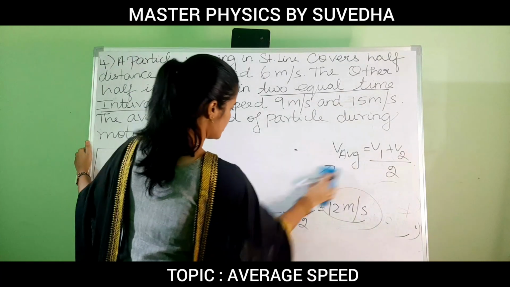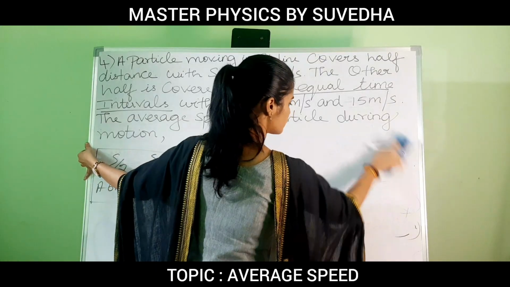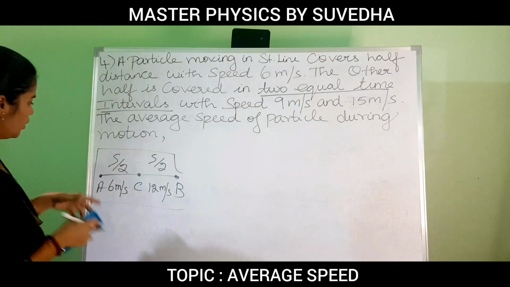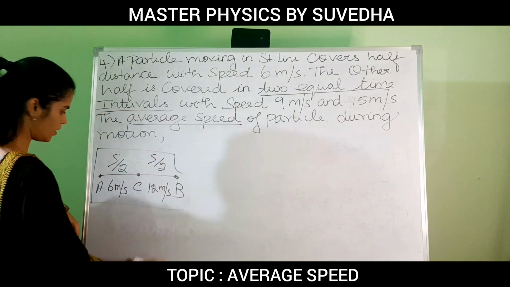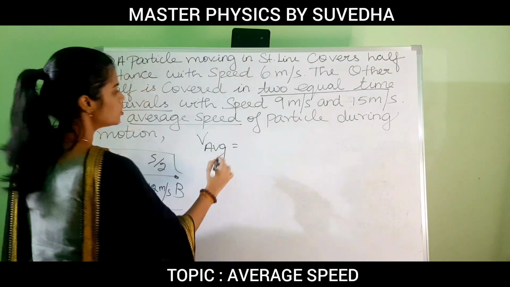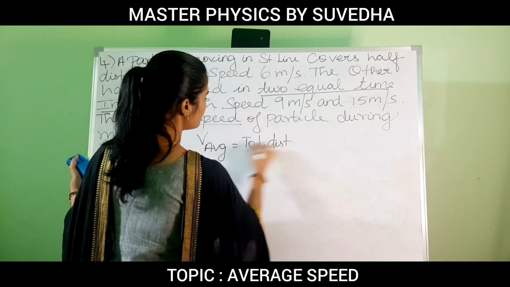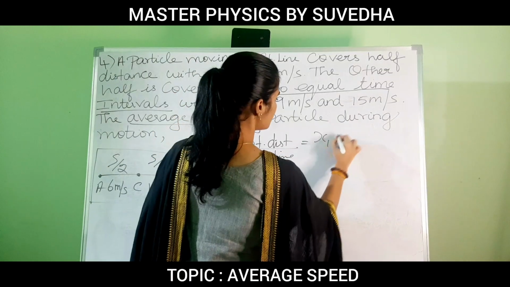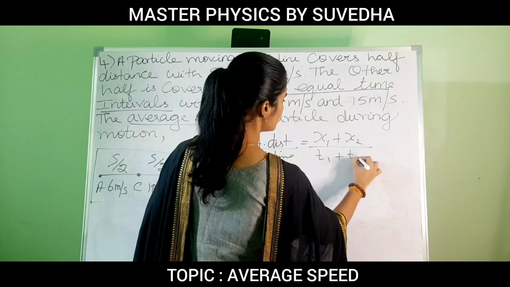Now I just erase here. Now look carefully. So now we have to find the average speed of the particle. Average speed formula is total distance by total time, X1 plus X2 over T1 plus T2.